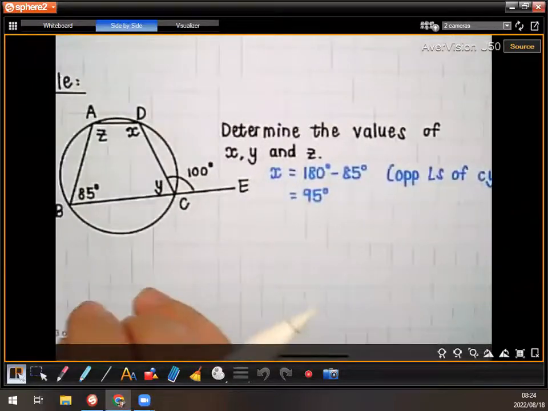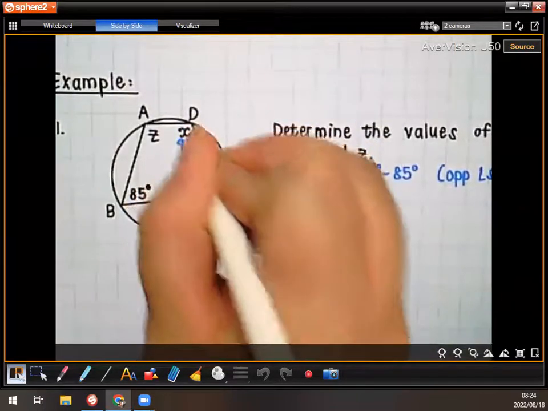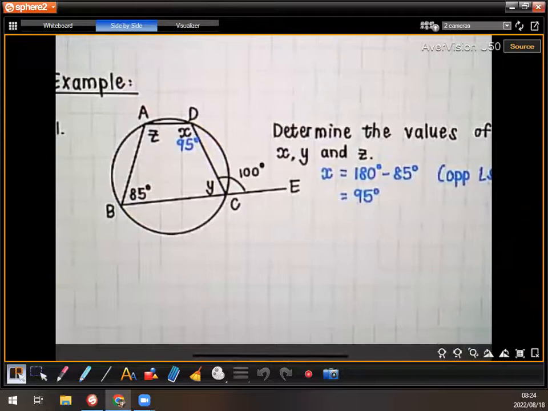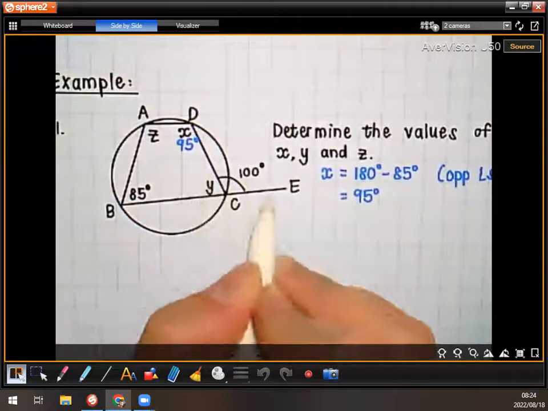So once we calculated that angle, we can fill it in on our diagram. And next up, we need to find y. How can I do that? We're on a straight line, right? So y and 100 degrees are on this straight line, so let's add them to 180.